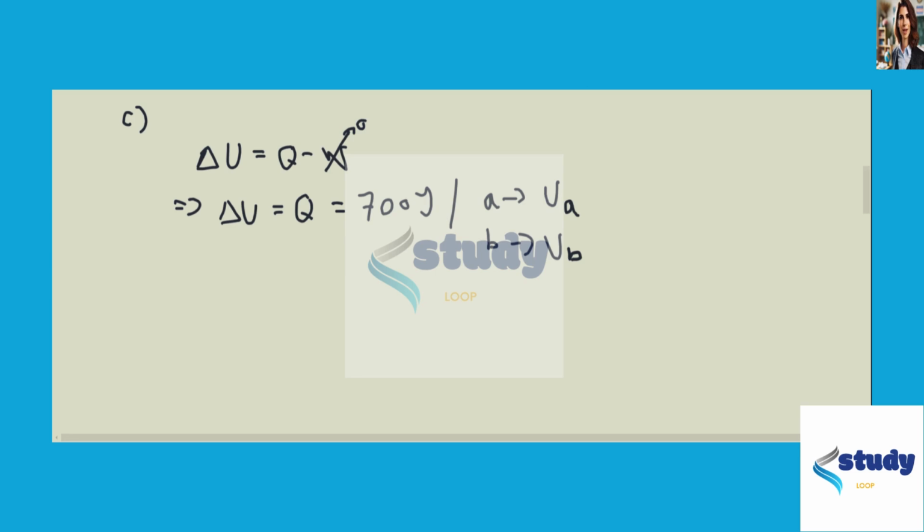Therefore, the final answer is that internal energy at point B is equal to internal energy at point A plus 700 joules, which is equal to the heat that is added into the system. And by this, we have solved part C, and we have solved the whole problem.